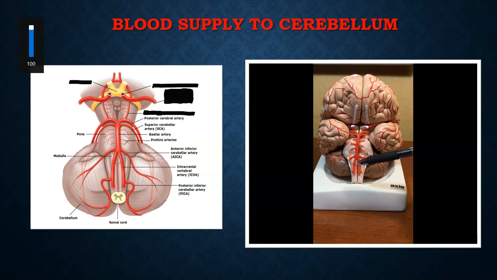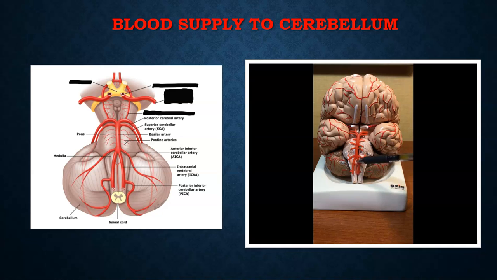In this picture, you see two vertebral arteries, and they are coming from the subclavian artery from the heart. So they are coming up. Let's say this is the right vertebral artery, this is the left vertebral artery.